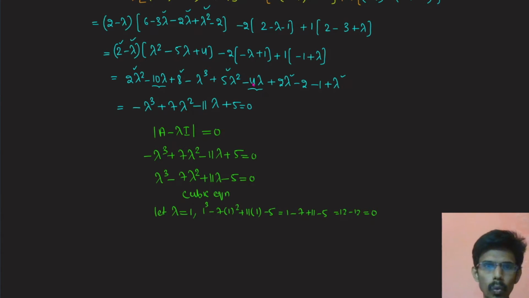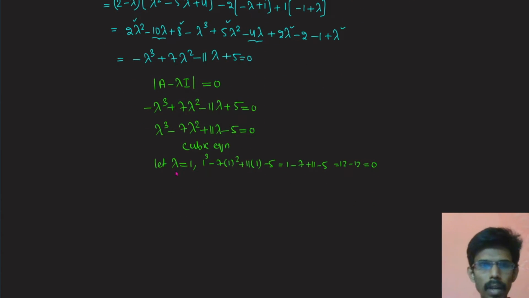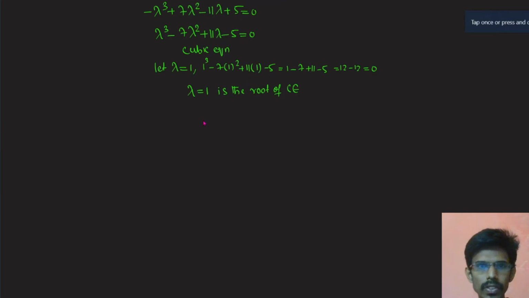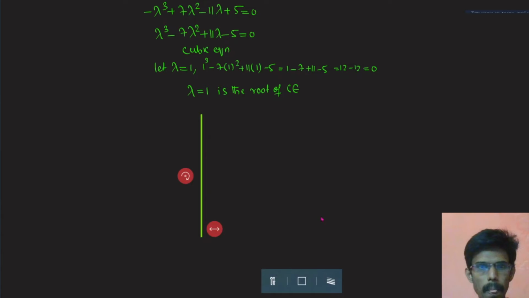So lambda equal to 1 is a root of this equation. We get other roots by synthetic division. So now we say that lambda equal to 1 is one of the roots of the characteristic equation. Now we want the other roots. Let us find the other roots by synthetic division.